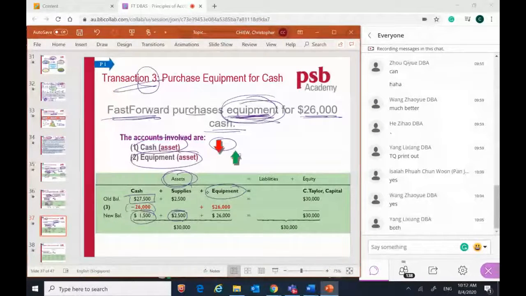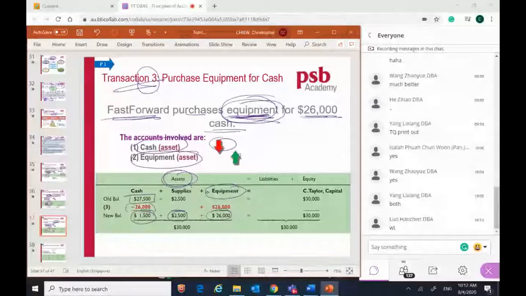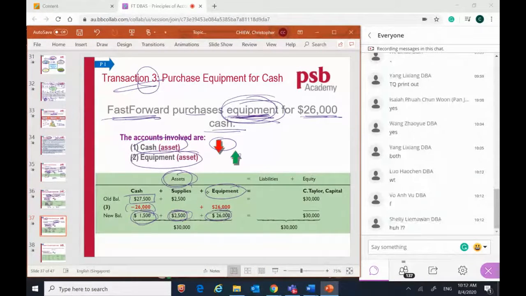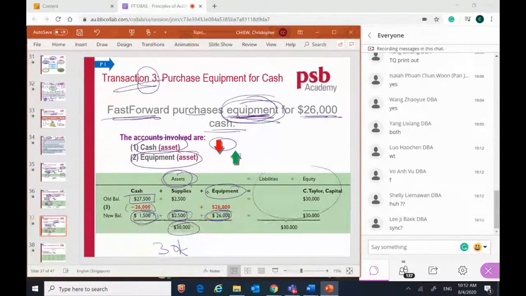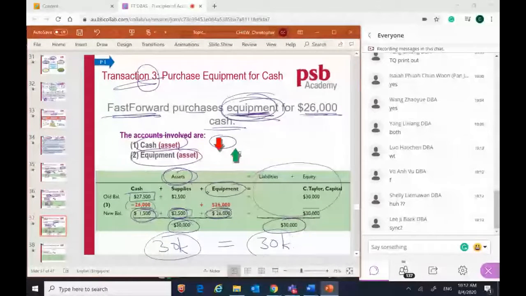Okay, equipment plus 26,000. If you add up the total assets, 1,500 plus 2,500 plus 26,000, total assets $30,000. Right hand side, capital still there, 30,000. All right, can you see the left hand side equals the right hand side?